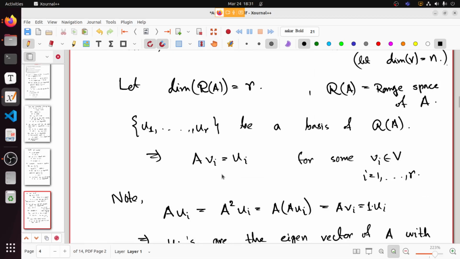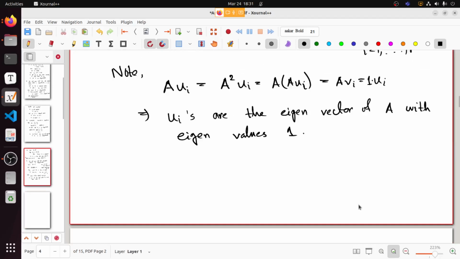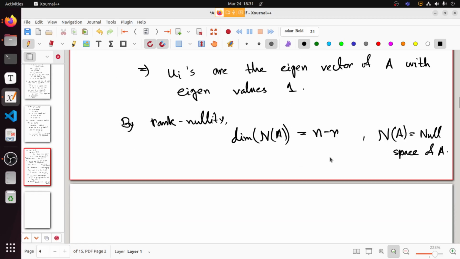So we have assumed that the dimension of the range space is R. By rank nullity, the dimension of the null space N of A is n minus R. So there are n minus R vectors in the kernel.